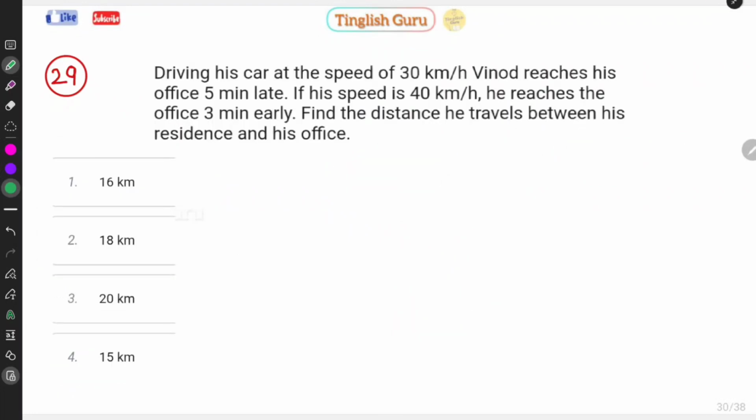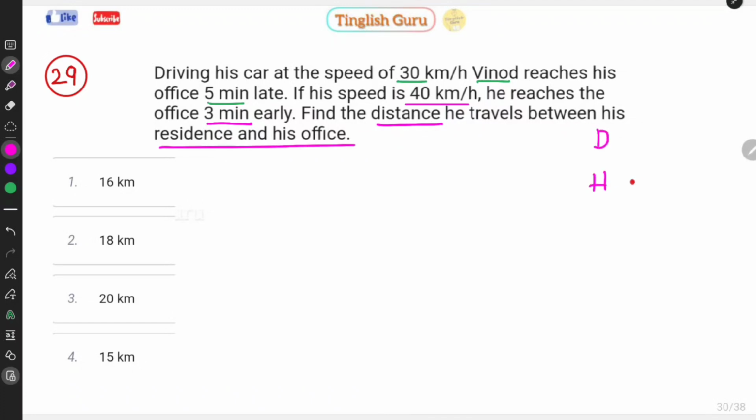Next, this is a very important repeated model in time, speed and distance. Here a person, Vinod, is driving his car at 30 kilometers per hour and reaches the office 5 minutes late. But if he drives at 40 kilometers per hour, he reaches 5 minutes early. Then find the distance he travels from his residence to the office, that is, the total distance we have to find.